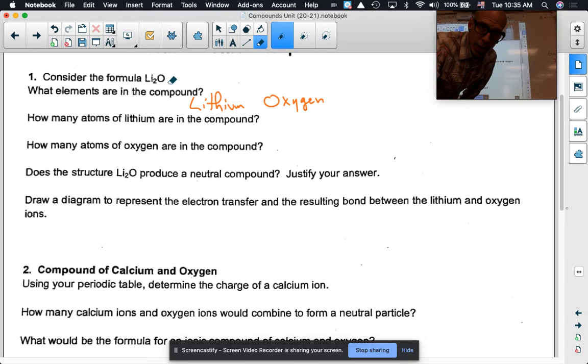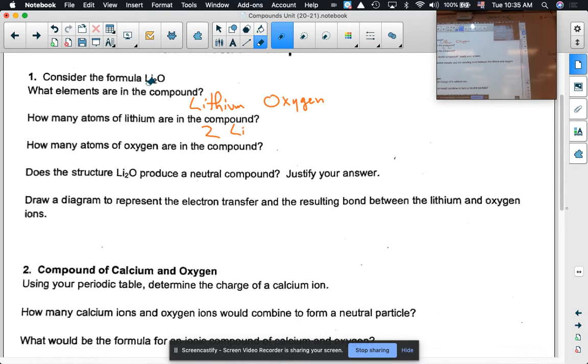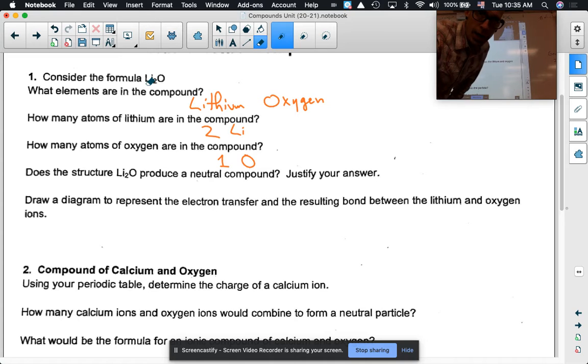If there were multiple oxygens, there'd be another subscript. So the subscript always follows the element that it belongs to. Okay, so that means there's 2 lithiums, 2 Li's. How many atoms of oxygen are in the compound? Oops. 1 oxygen. That's not 10, that's 1 oxygen.